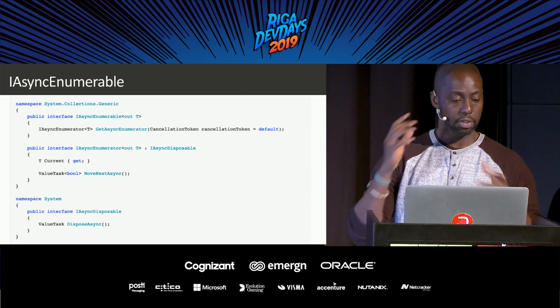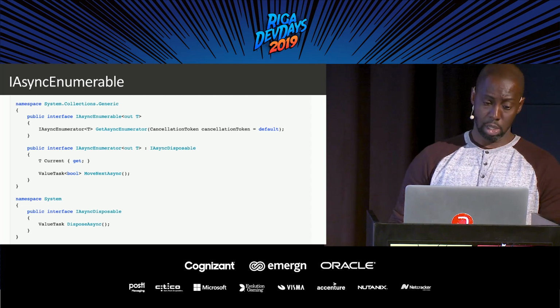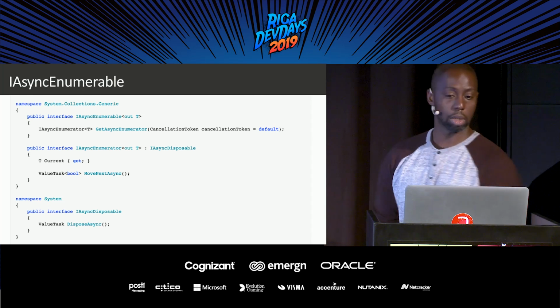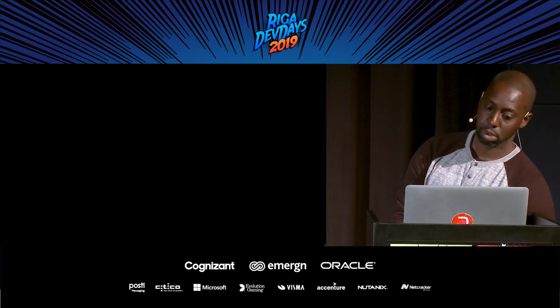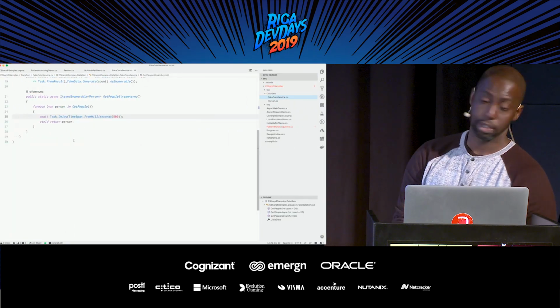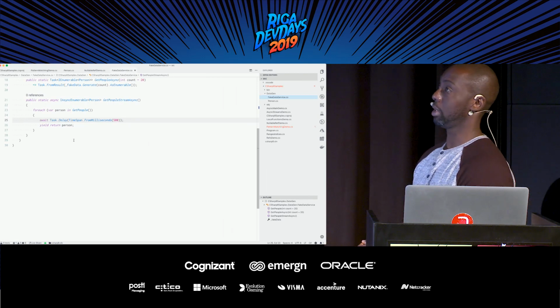Okay, so the first thing I want to show you is a method here. I have a fake data service that, as you can imagine, is generating fake data. Oops, you can't see that, can you? Sorry about that. All right, there we go. So I have a method called GetPeopleStreamAsync.